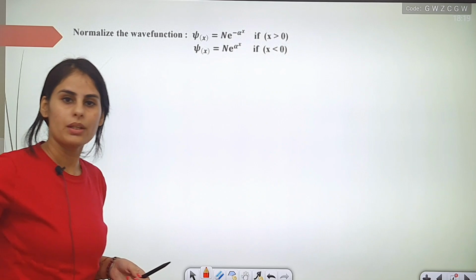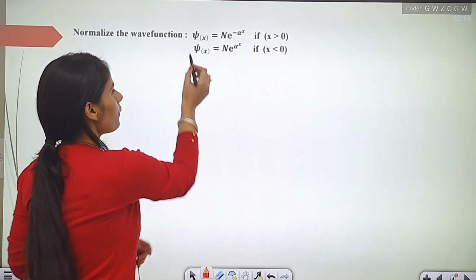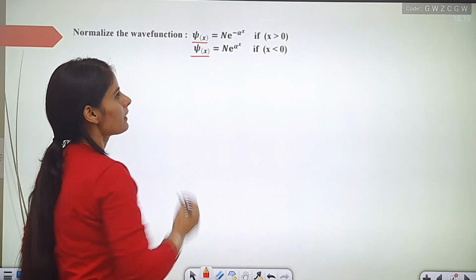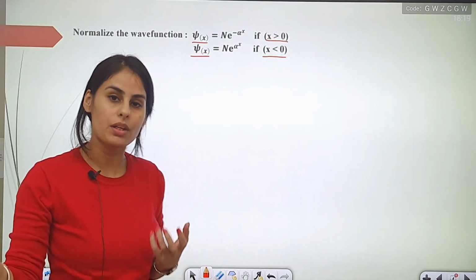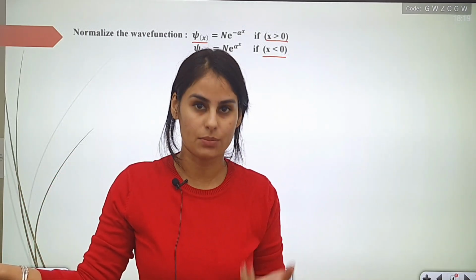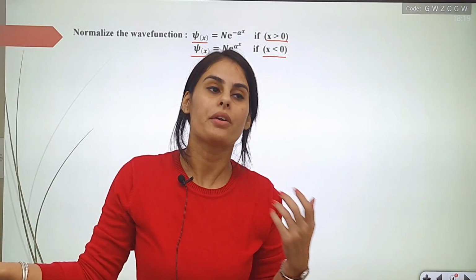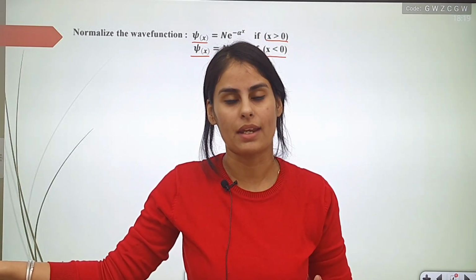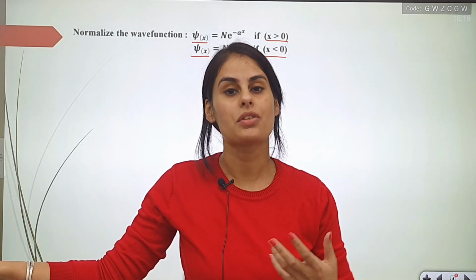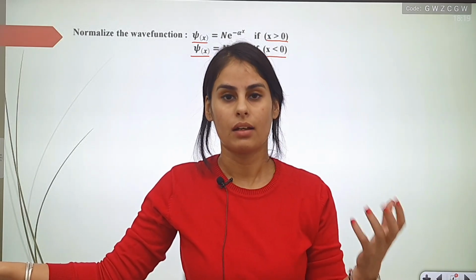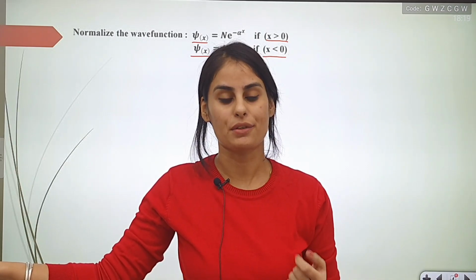Here we have a wave function psi of x defined for x less than 0 and for x greater than 0, and we are supposed to normalize this wave function. In order to solve different numericals in your quantum physics examination, you are supposed to find the normalization constant of a particle.